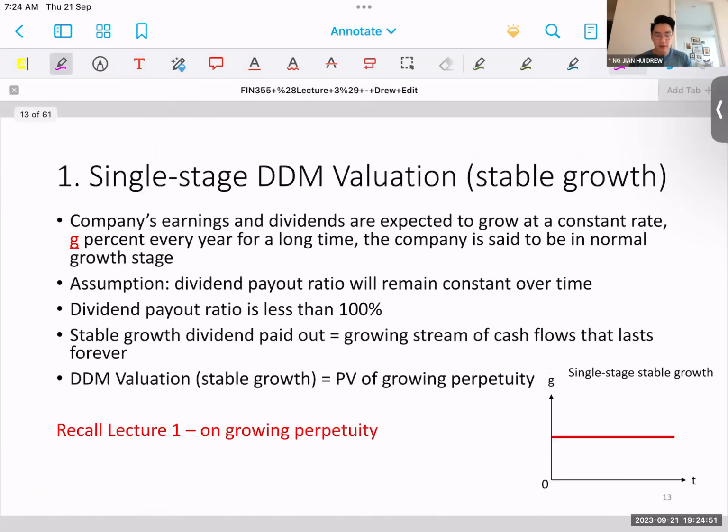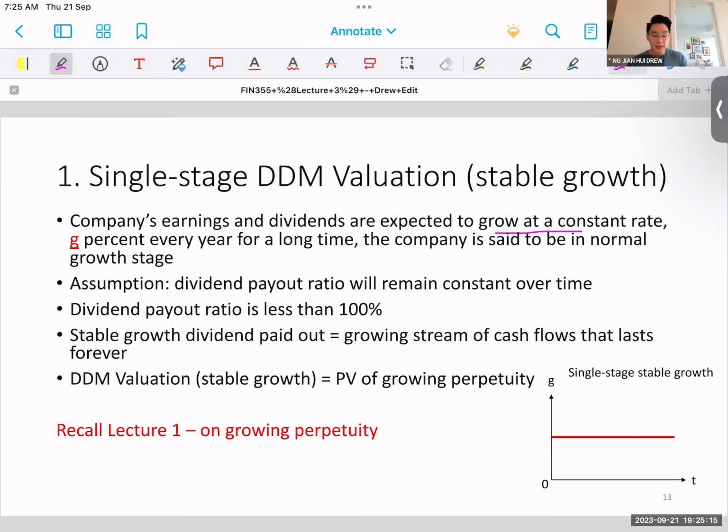Okay. Now, the second kind of valuation is stable growth, as we talked about earlier. It means the earnings of the company are expected to grow at a constant rate, G, which can be 12%, 5%, etc., for the long term.